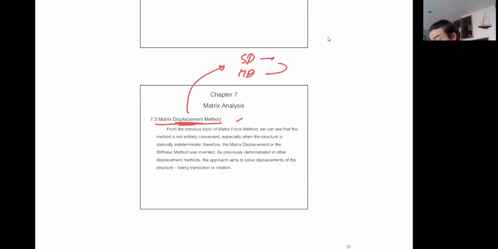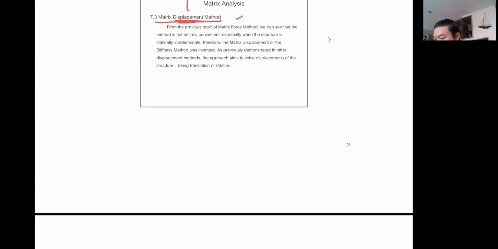Okay, and let me tell you that if you look at the equation that you use to solve from moment distribution, what you always have is some kind of F equals Kx or Kd, or moment equal to K theta. So on the left side, this is a force.